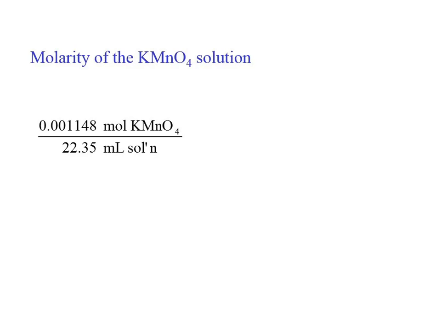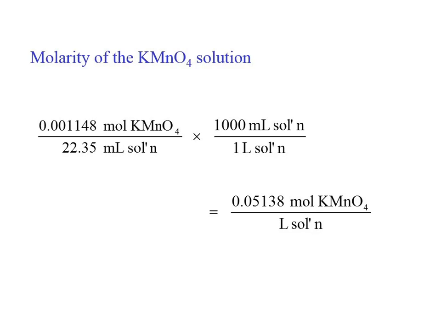We need to get liters in the denominator instead of milliliters, so introduce a term 1,000 milliliters over 1 liter. Round to 4 significant figures. We get a value of 0.05138, and units would be moles KMnO4 per liter of solution, or simply the capital M for molarity, KMnO4.